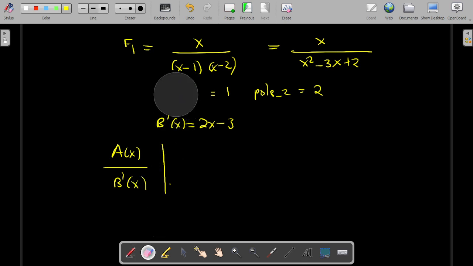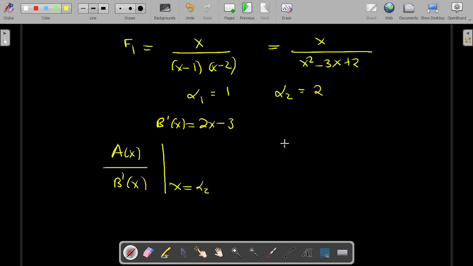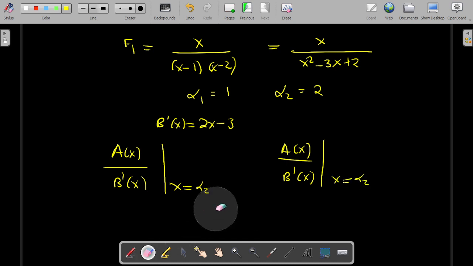And instead of having pole 1 here, I'm going to say that this is alpha 1, and instead of pole 2, just for simplicity, this is going to be alpha 2. Here we take x equal to alpha 2, and then we also need to compute the quantity a of x divided by b prime of x with x equal to alpha 1. So this is the calculation we're supposed to perform.